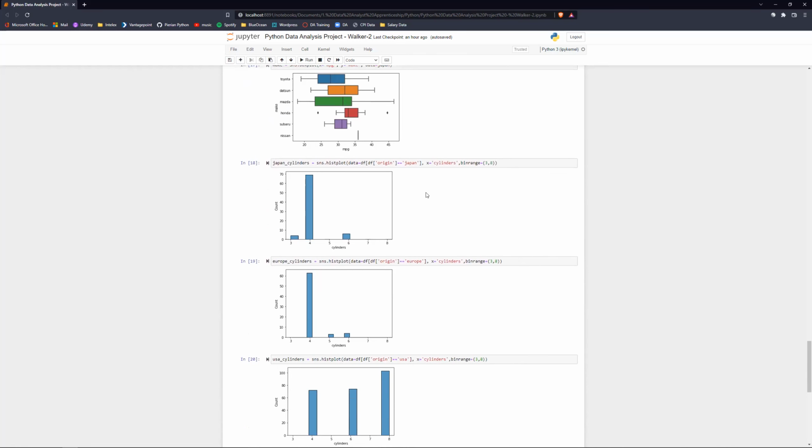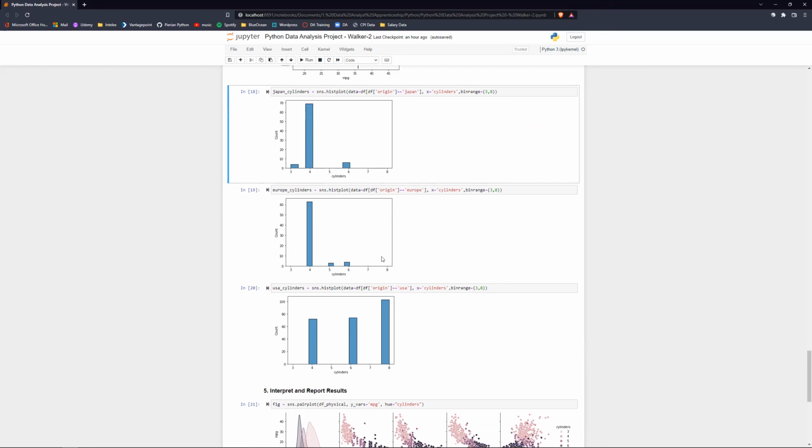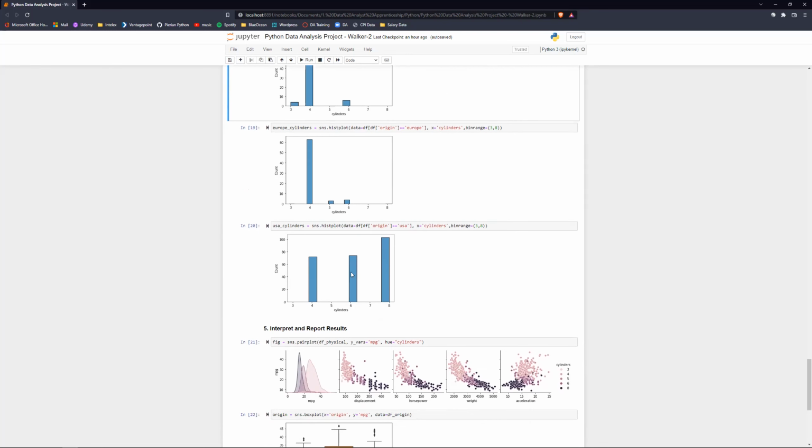That's what I did here. I did it from best to worst, I guess: Japan, Europe, and USA. You can see Japan is on the lower end, mostly 4 and 6 with some 3. Then Europe is in the middle with 4 to 6, and the USA is the highest, from 4 to 8.